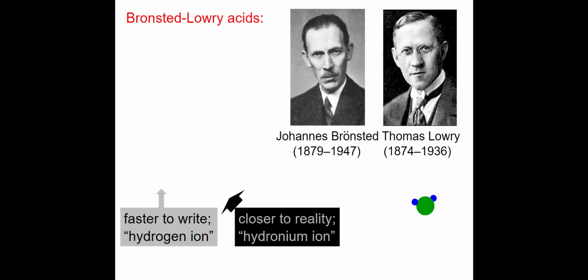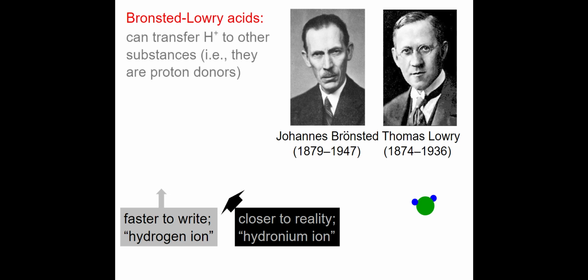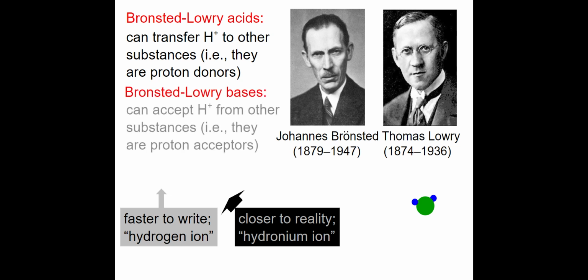Brønsted-Lowry was the next, more broad definition, and Brønsted-Lowry said that acids are things that can transfer or donate protons to another substance. Protons are hydrogens, so it's donating a hydrogen. Whereas a Brønsted-Lowry base is something that can accept a hydrogen from another substance.